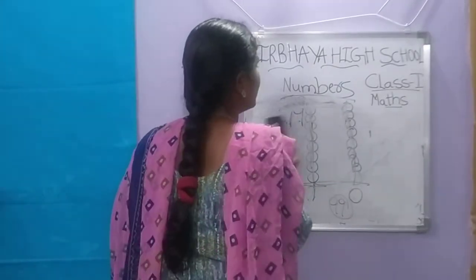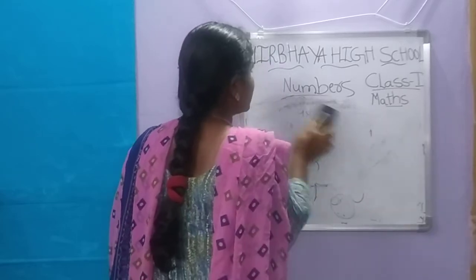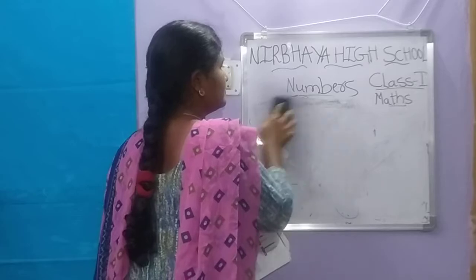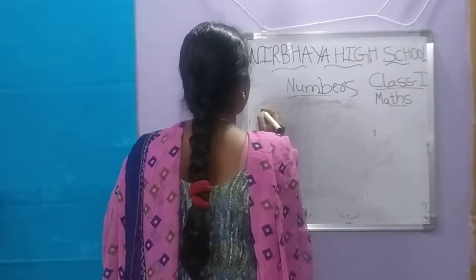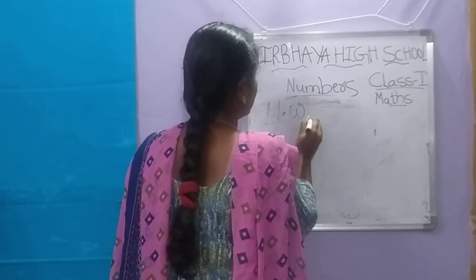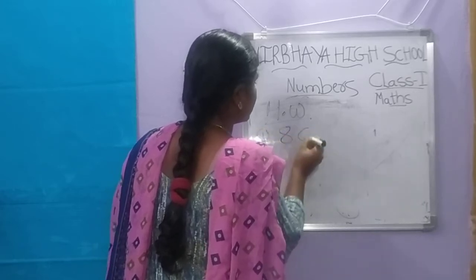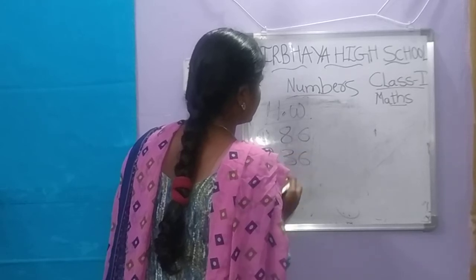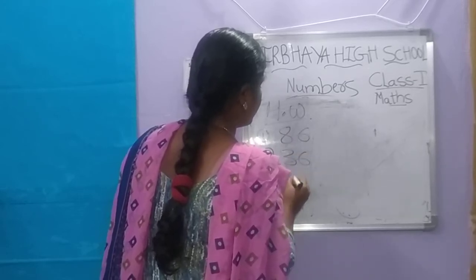I am giving you homework. Do it in your homework notebook by using abacus. Copy it in your homework notebook and do it there. First one 86. Second one 36. Third one 52.